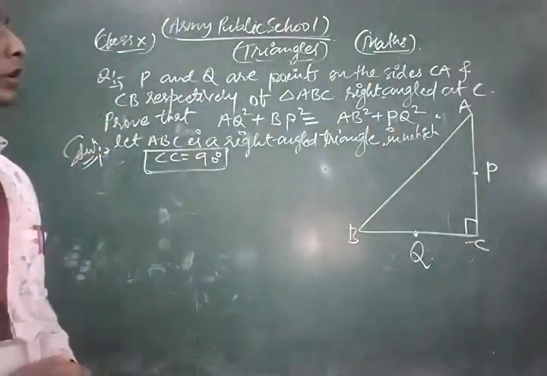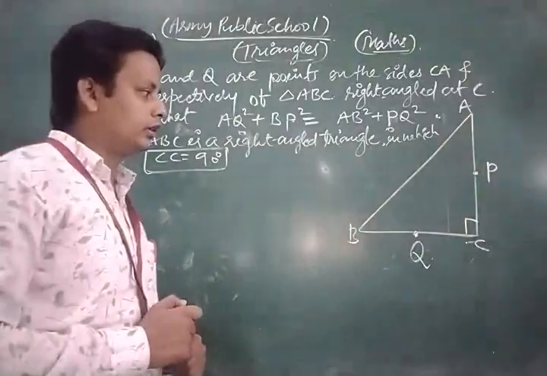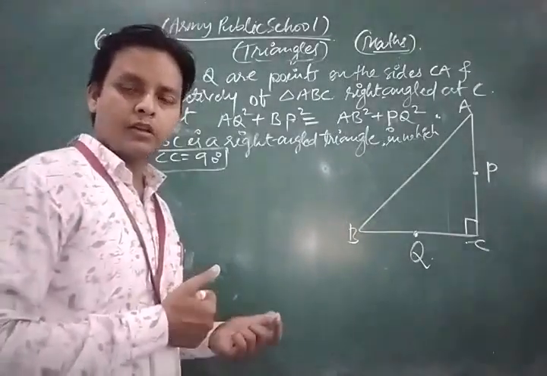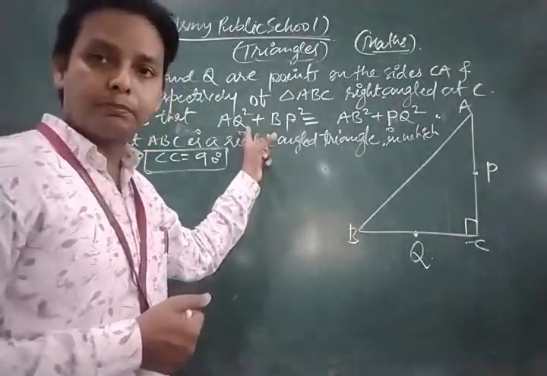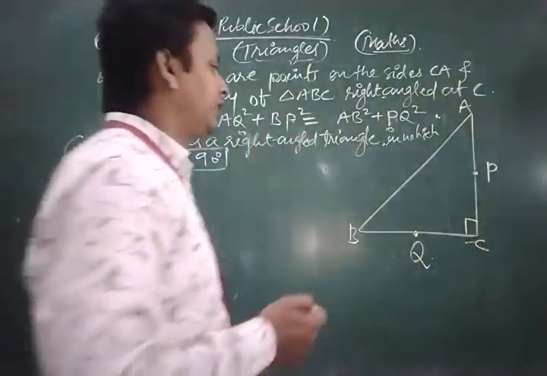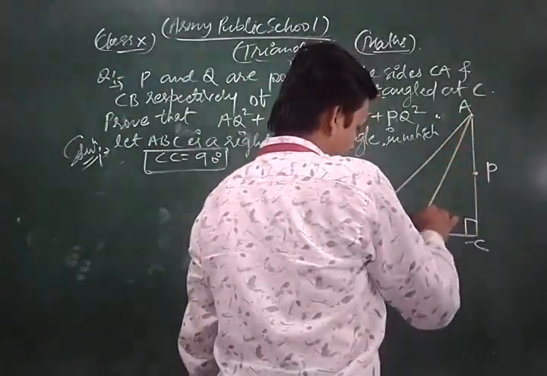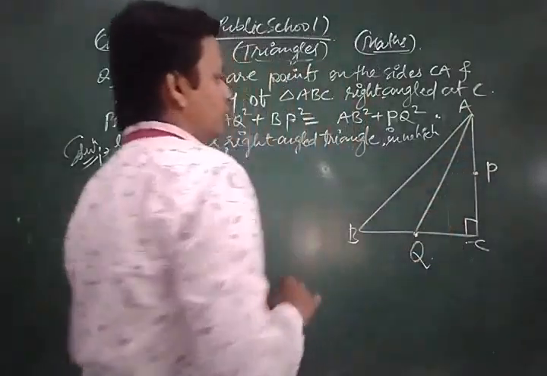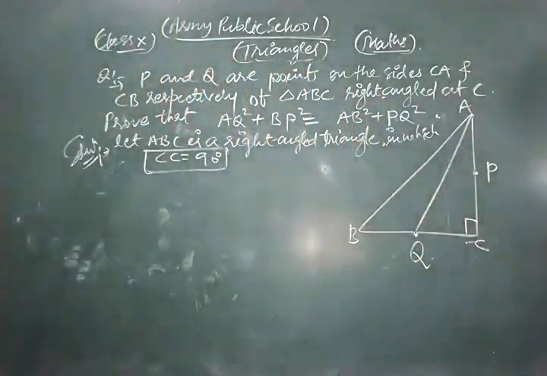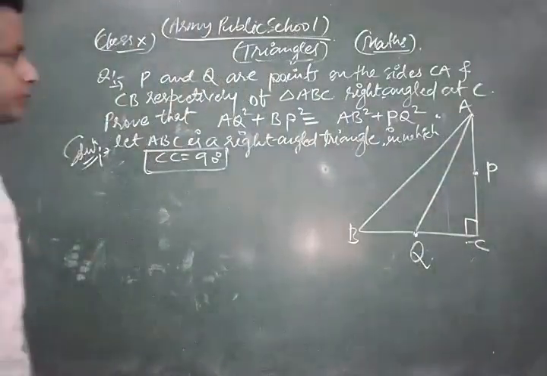Now look, we have to show that AQ square. So we just join AQ, because AQ is in our proof.